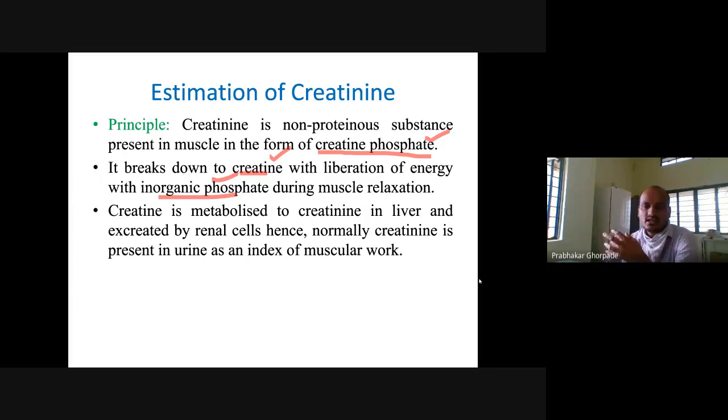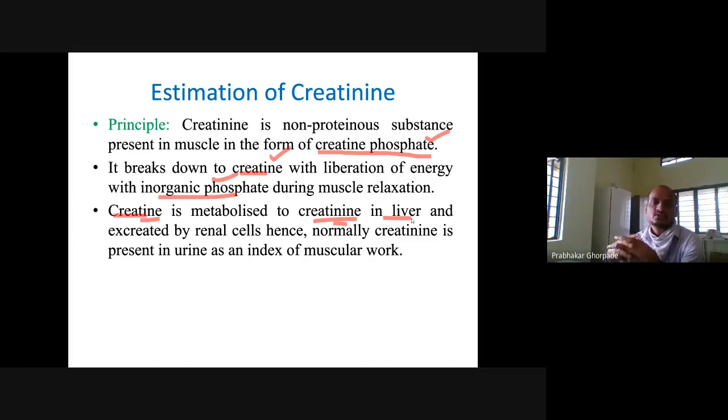As we are measuring the creatinine level, normally what should happen? This creatine should get metabolized to creatinine. So this is creatine, and this is creatinine. This conversion happens in the liver, and once it happens, the creatinine has to be removed by the renal cells, our kidney cells, and that is how we know how much muscle work has happened, as an index of muscle work.